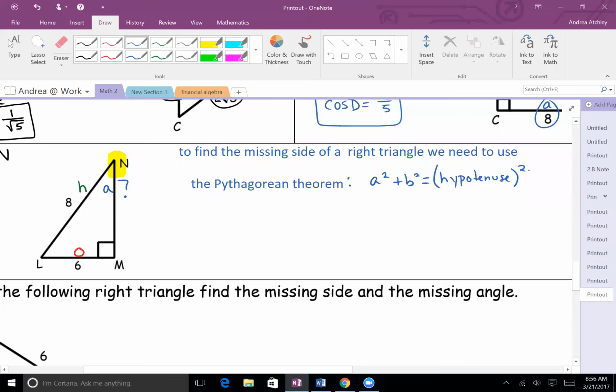We label the hypotenuse as c, but I want to make sure you know it's the hypotenuse squared.